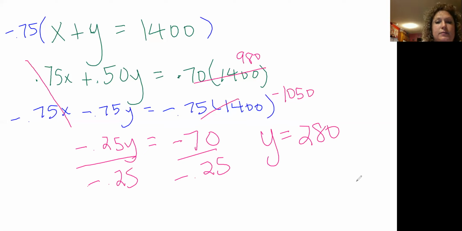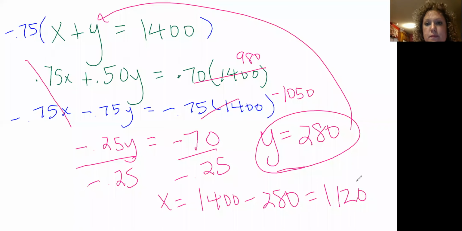So you have 280 pounds of the 50%, and you have 1,120 pounds of the 75%.